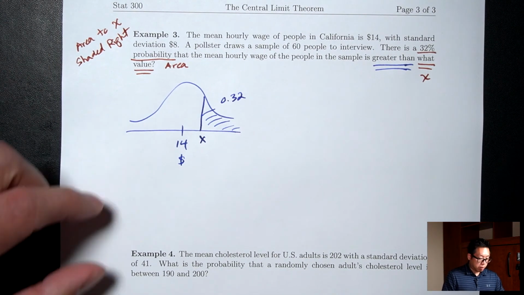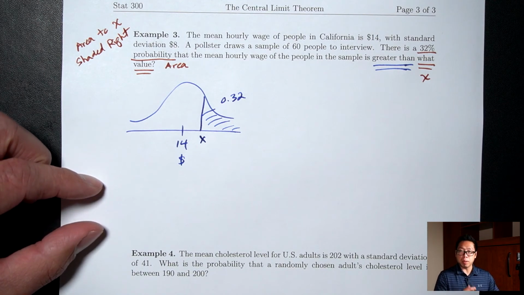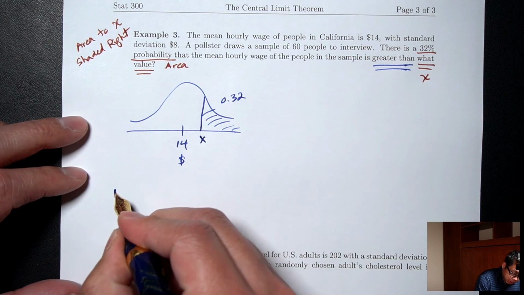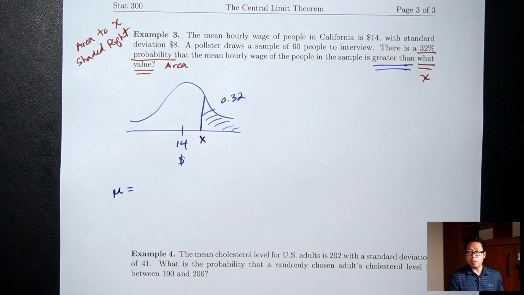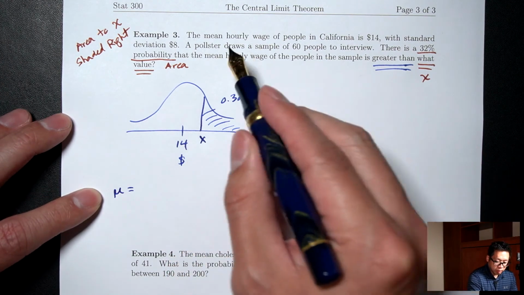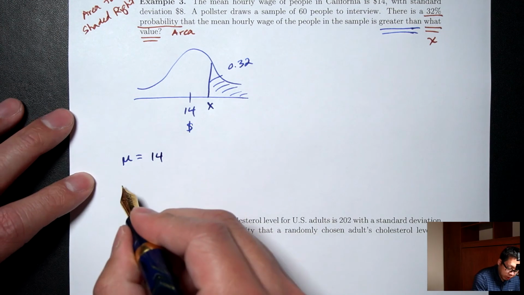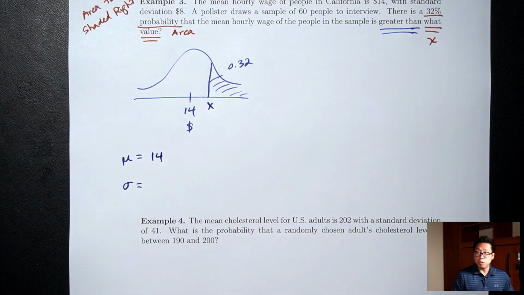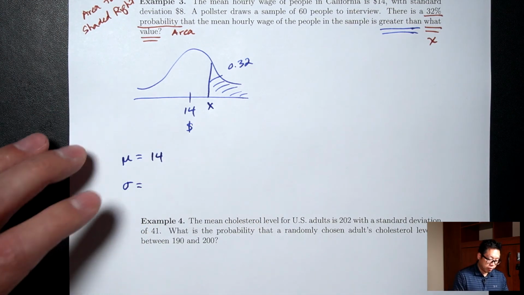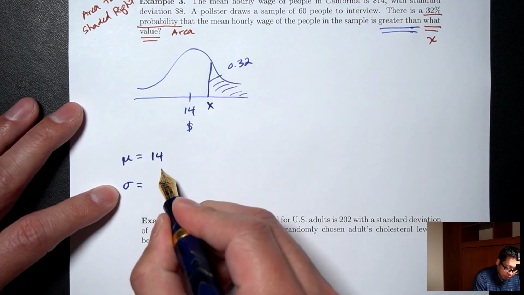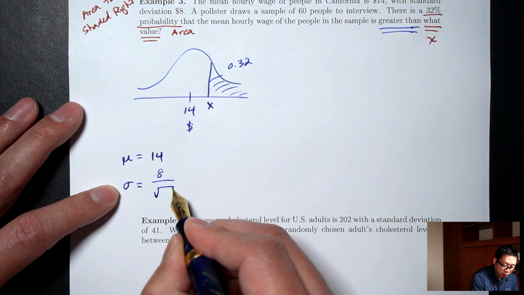Now, I'm going to write down the mean and standard deviation that I'm going to use. That's the new thing in today's lecture. The mean I'm going to use is the same as the original population mean, 14. Standard deviation, you usually are going to have to adjust that. So our standard deviation is going to be the original standard deviation, which is 8, divided by the square root of the sample size.